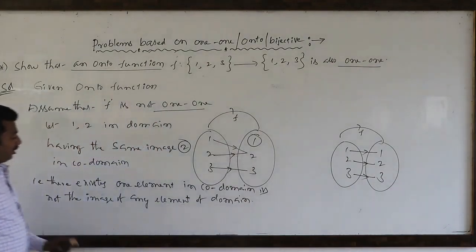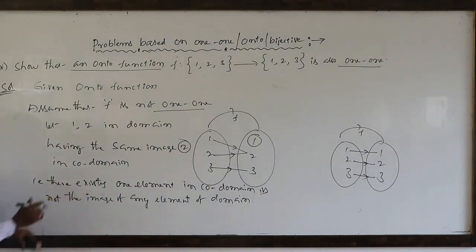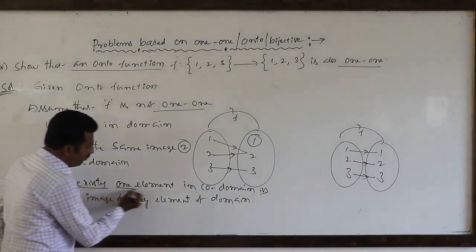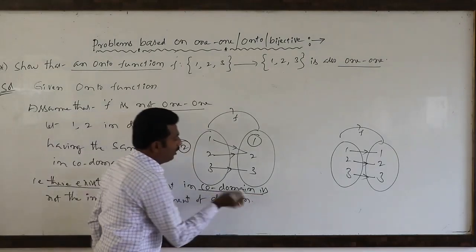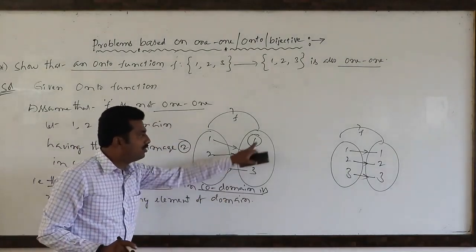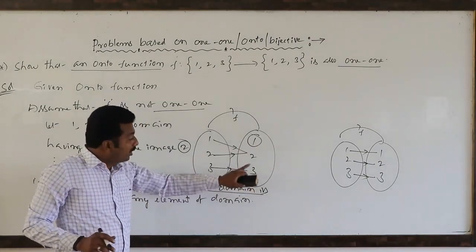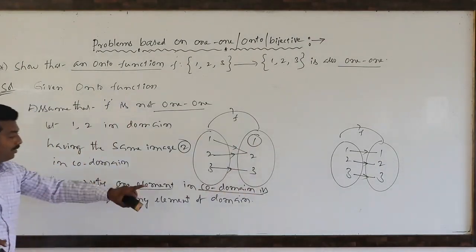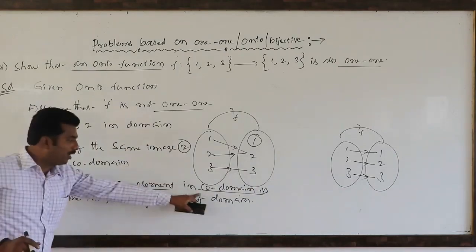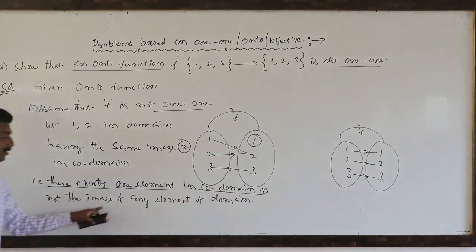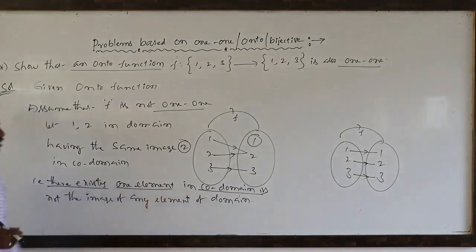Suppose 3 related to 3, means 1 will be left. Suppose 3 related to 1, means 3 will be left.